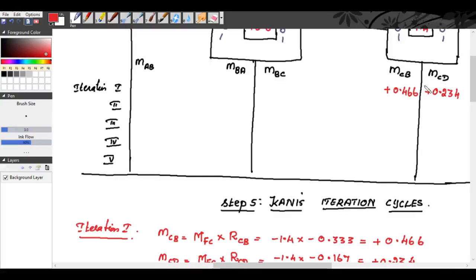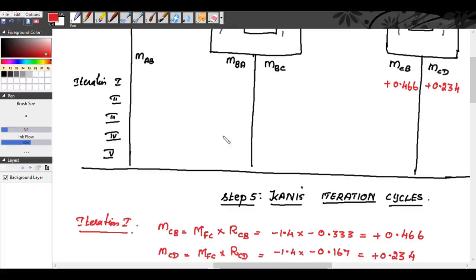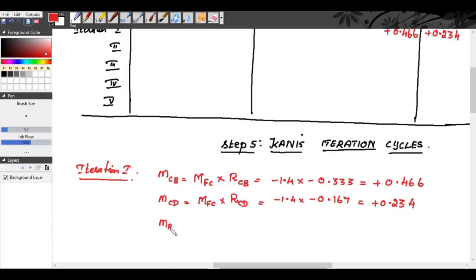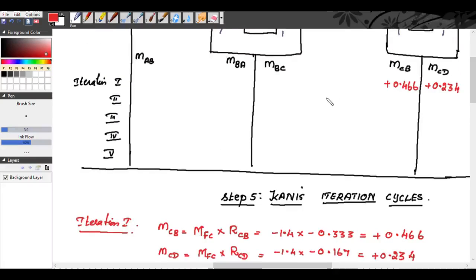Now we will determine MBC. MBC will be equal to the rotational factor RBC multiplied by MFB, the restrained moment at B, plus MCB.